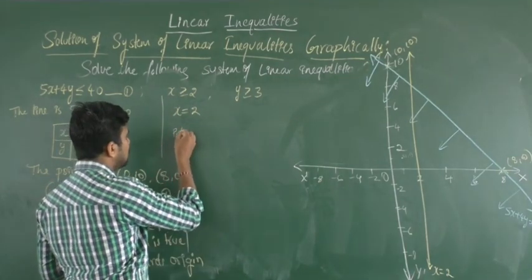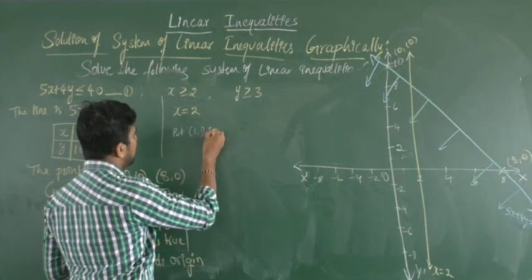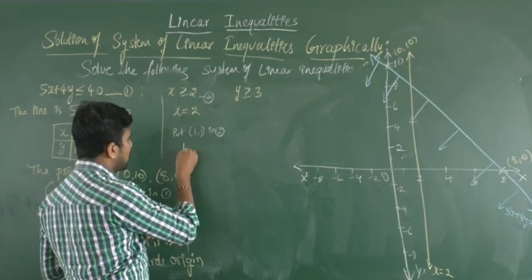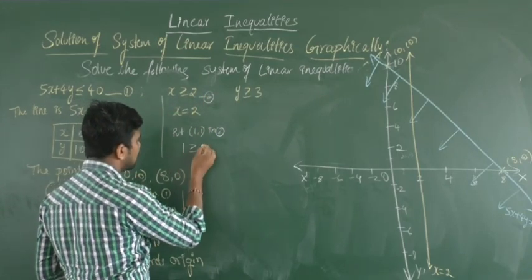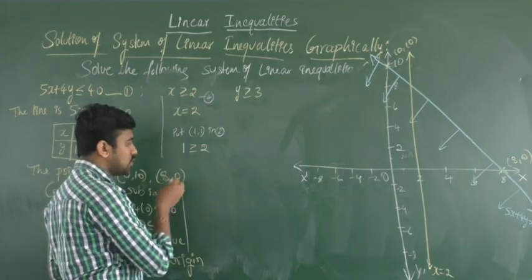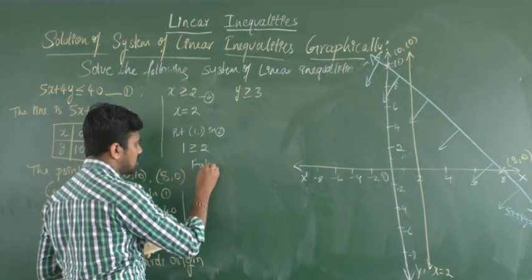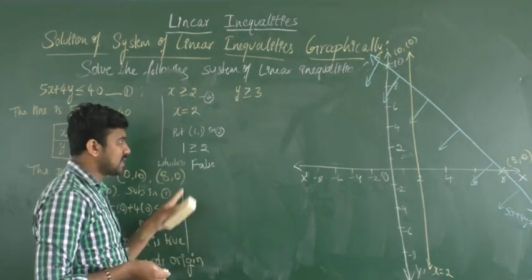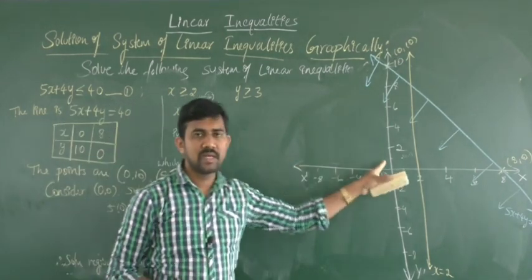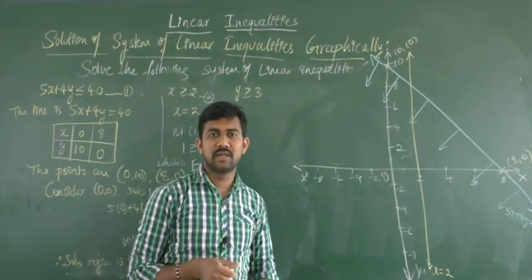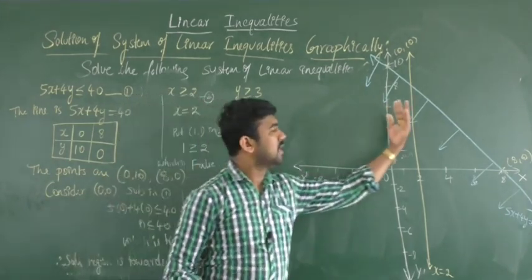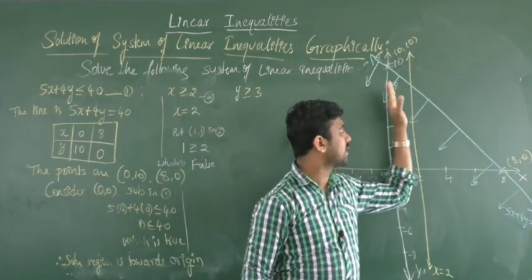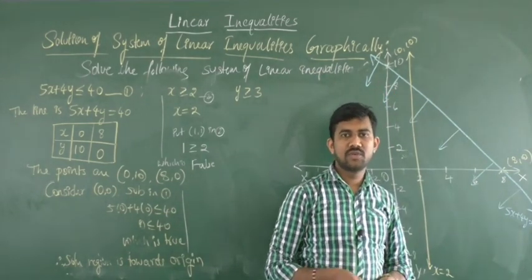Put (1, 1) in equation number 2. So what will we get here? x is 1 here, 1 greater than or equal to 2. 1 greater than 2 is false, right? Which is false. So we can say here (1, 1) does not lie in the solution region. (1, 1) lies in the left half plane, so the left half plane is not the solution region. Clearly we can say the right half plane is the solution region.